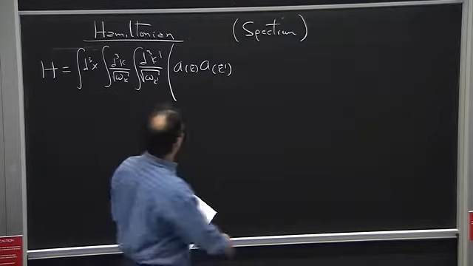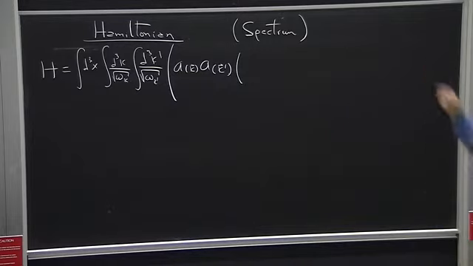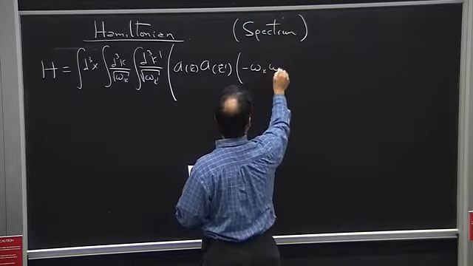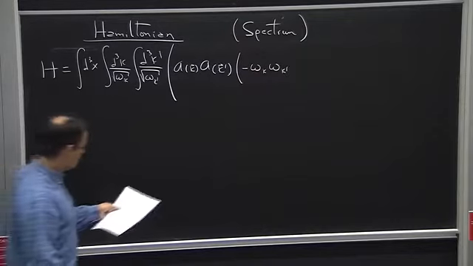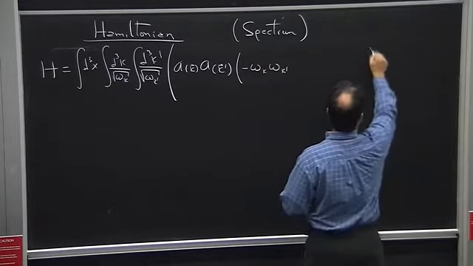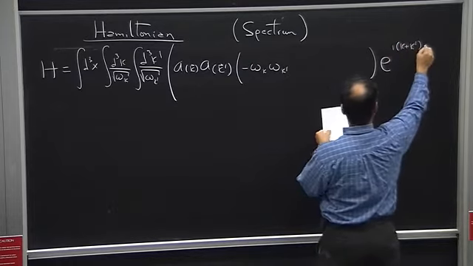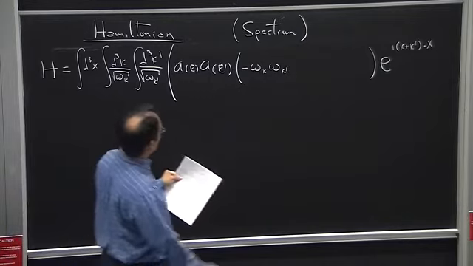What kind of things can I expect to get? So from the pi squared term, what do we get? Well, we get two factors of omega_k, right? So I'm going to leave the exponential at the end. What else do we get?